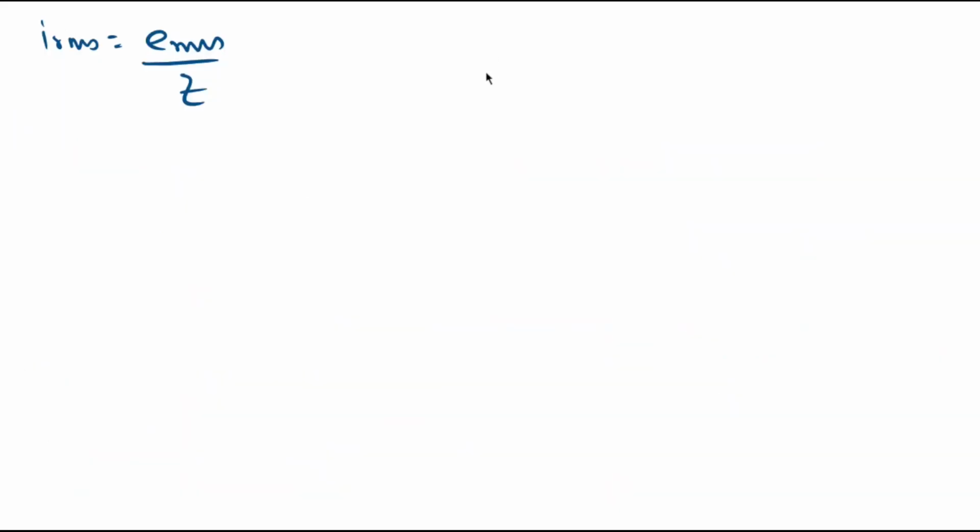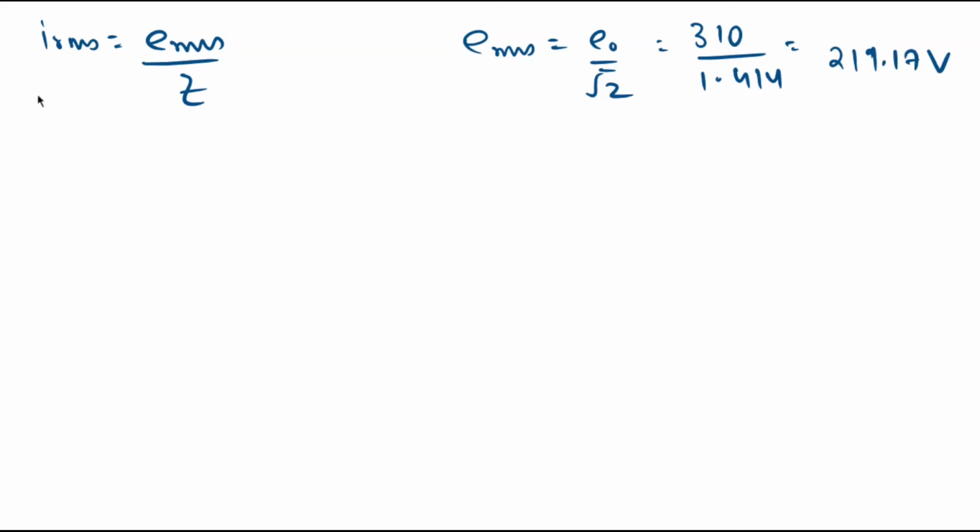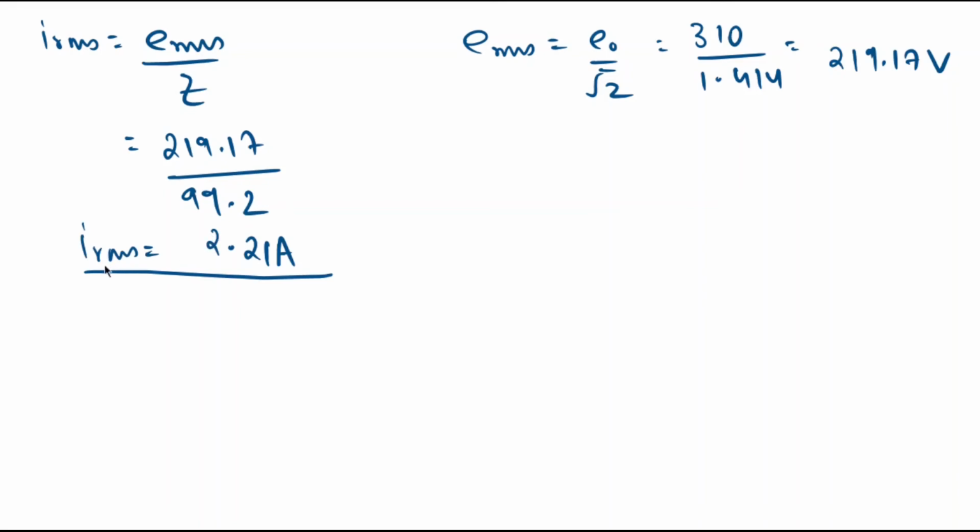So E RMS is equal to E naught upon root 2, and E naught is given to us as 310 volts and root 2 is 1.414. So solving this, we get E RMS equal to 219.17 volt. So I RMS will become 219.17 divided by Z, which is 99.2 ohms. So solving this, we get I RMS equal to 2.21 ampere.